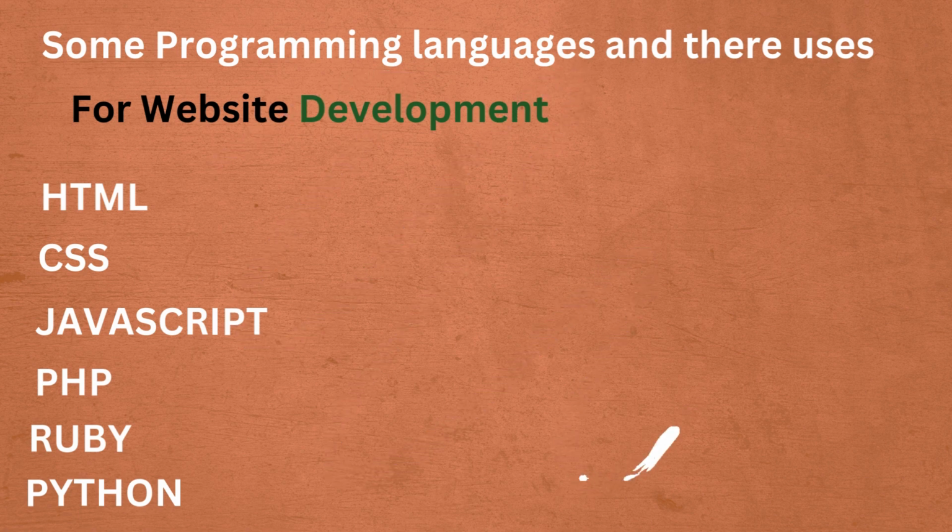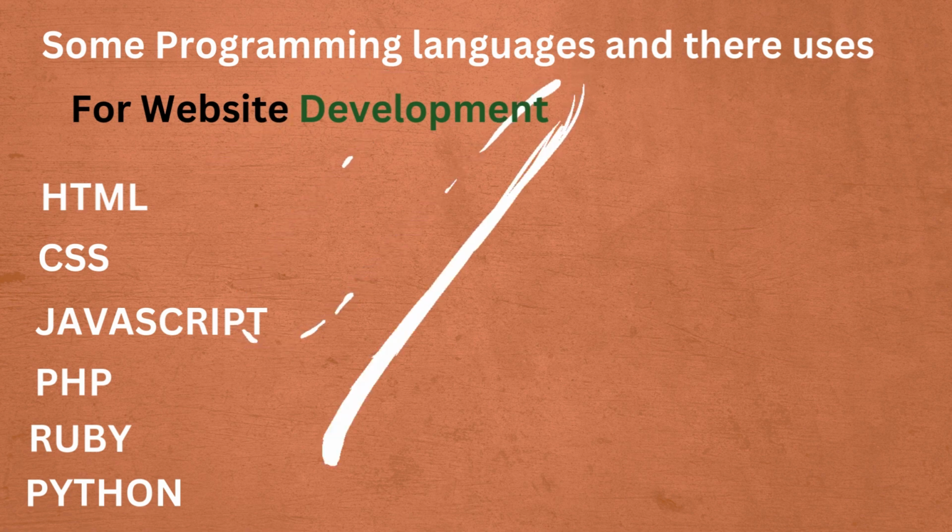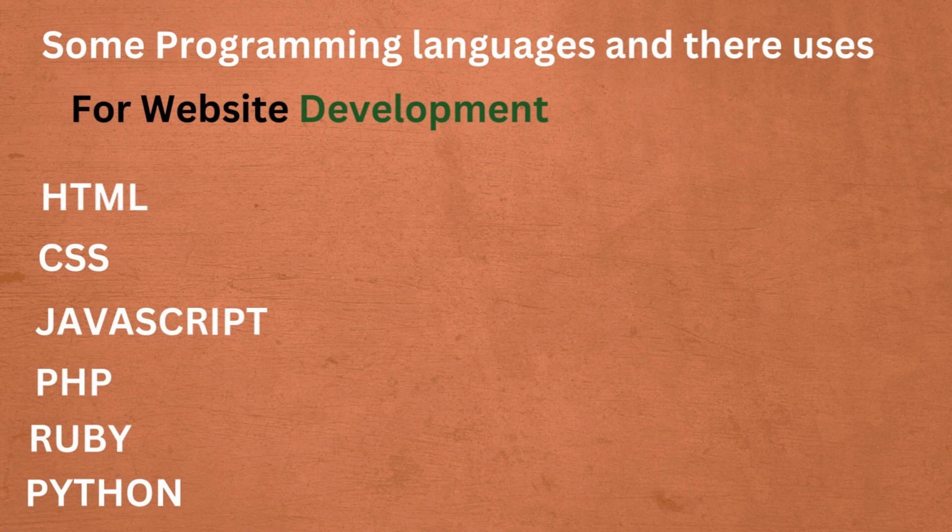Then we have PHP, Ruby, and Python. So with this set of languages, you can make a website. Not all of them, but the most compulsory languages in this list are HTML, which is number one, followed by CSS and JavaScript.